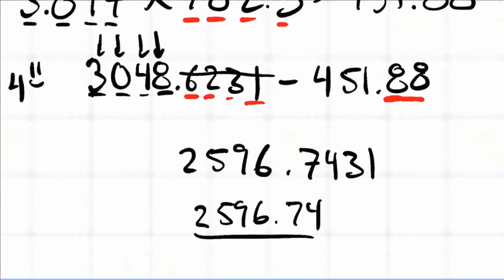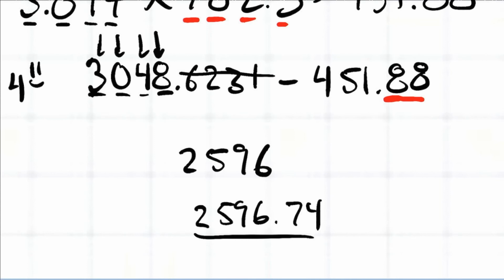Well, so the answer actually would be, let me erase these 2. It would be 3048. Oh, this was the 1. Whole number minus 451. So you would still subtract 3048.6231, but only our significant decimal places, and again, this kind of gets back to why some zeros are significant.